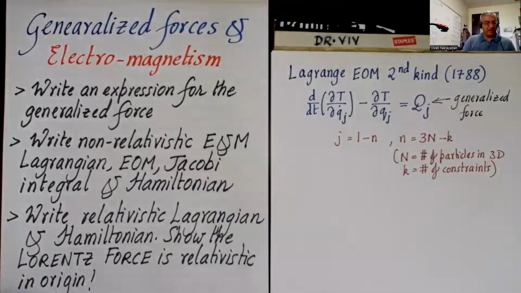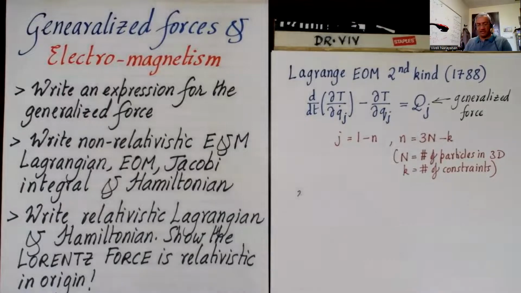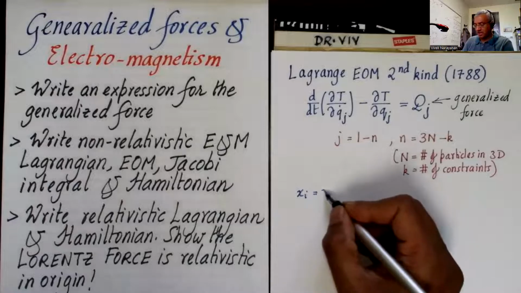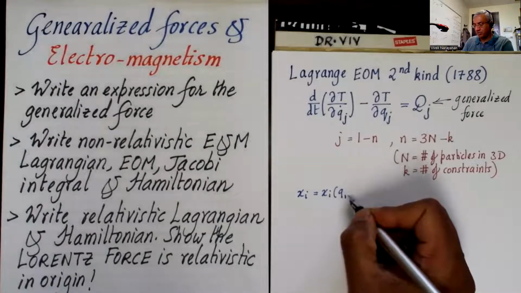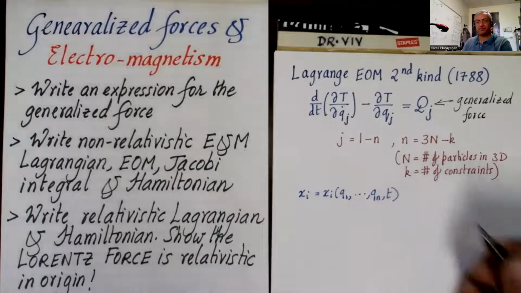All right, now that I've introduced what the generalized force is, let us look at a specific way of looking at this generalized force. So first of all, I'm going to take the coordinates x sub i to be x sub i as a function of q1 up to qn, possibly time.